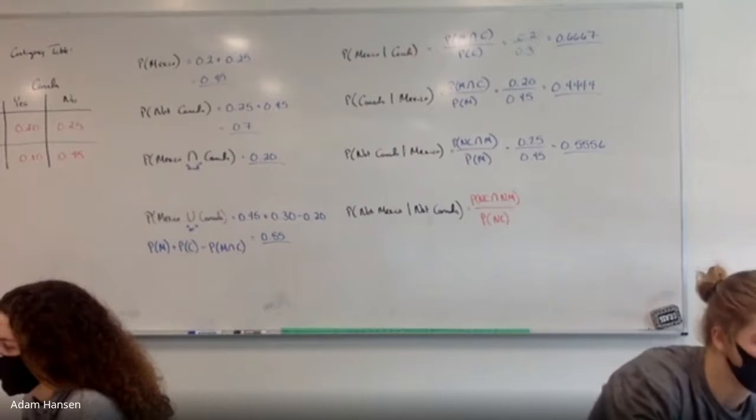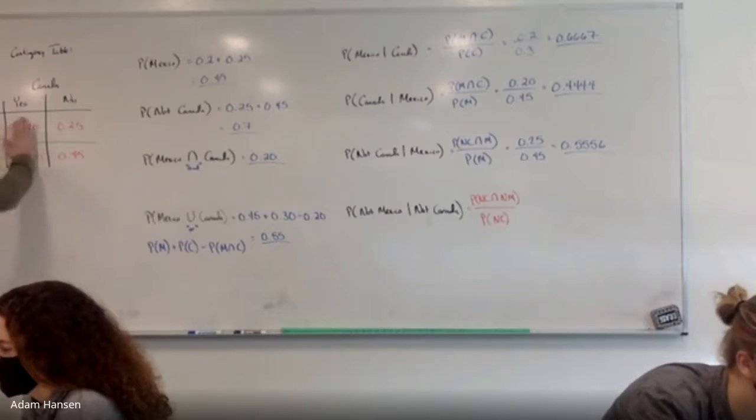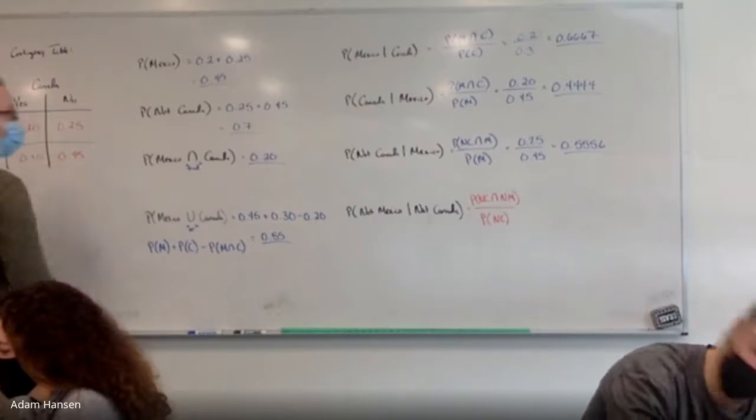So out of 0.7, you get 0.45. Yeah, and then over there it's probably 0.25.